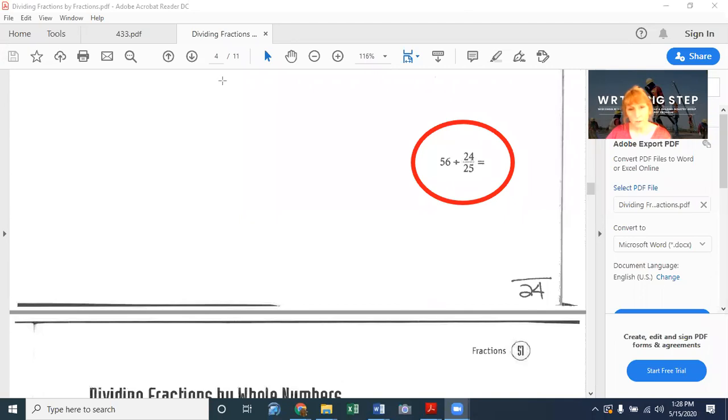That is going to be our first number, and we're going to change it to 56 over 1, and that's divided by 24 over 25, and we do the keep, change, flip.